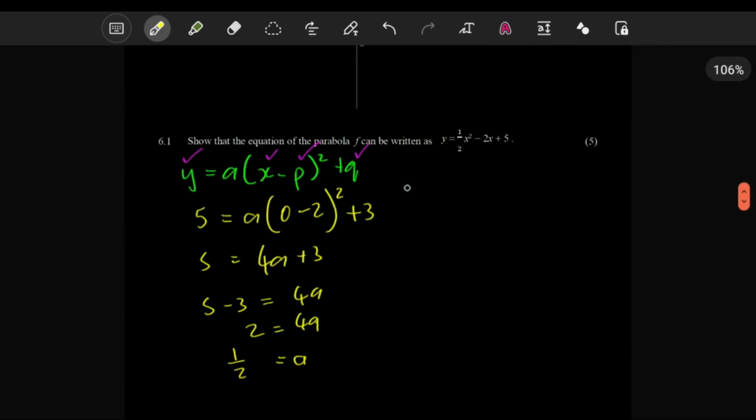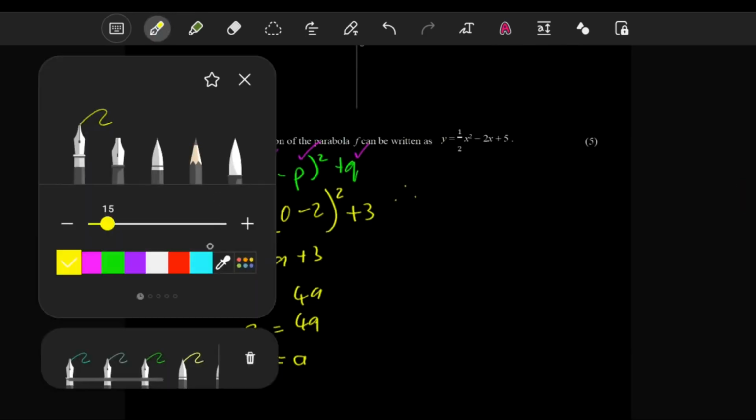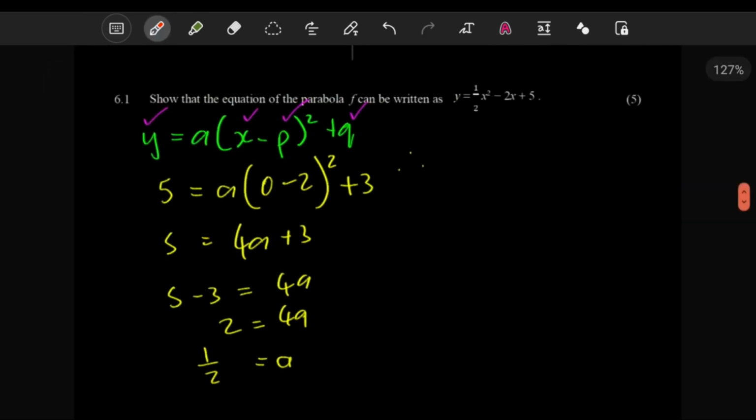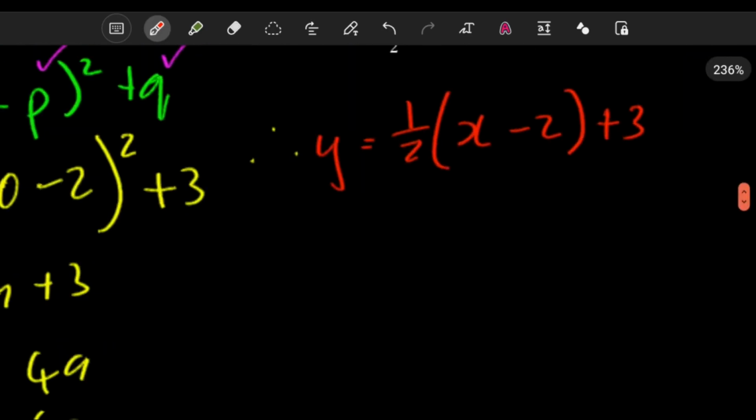So it's going to be in completed square format, but you're going to need to just FOIL it out, and you'll have what they have here. So y is going to be equal to a half, and then (x minus 2) squared, and then plus 3. I forgot the squared.